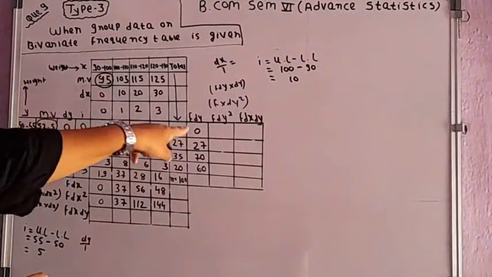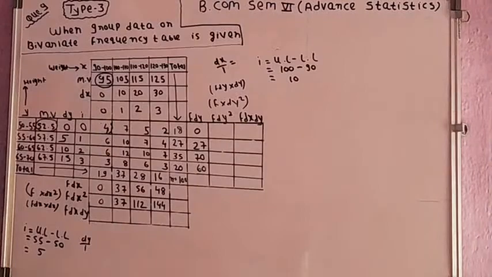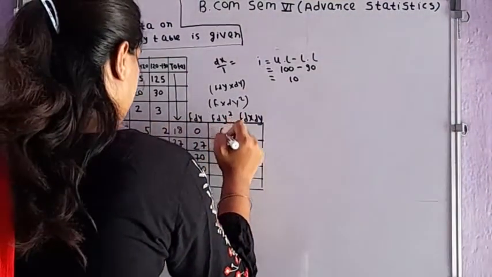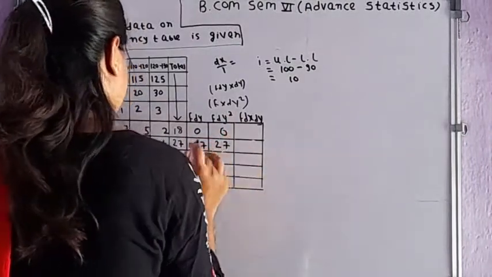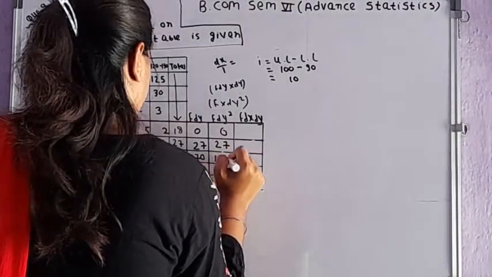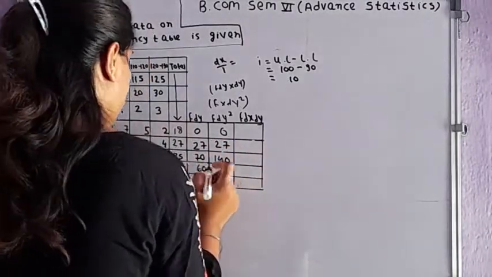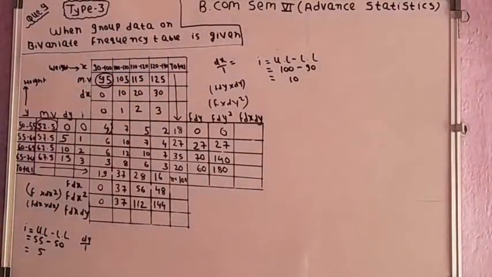So this fdy column and this I column, because this I column is the simplest form of this dy column. So 0 into 0, 0. 27 into 1, 27. 70 into 2, 140. After that 60 into 3, 180. So this way we have calculated the values which need to be put under the fdy square column.